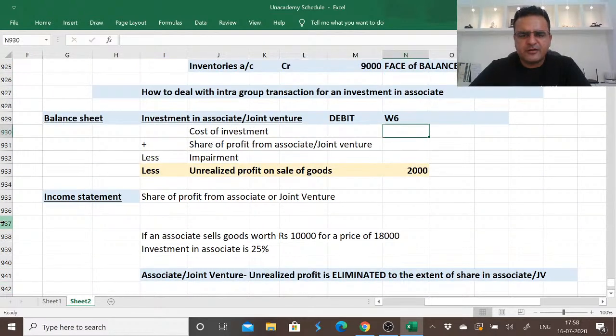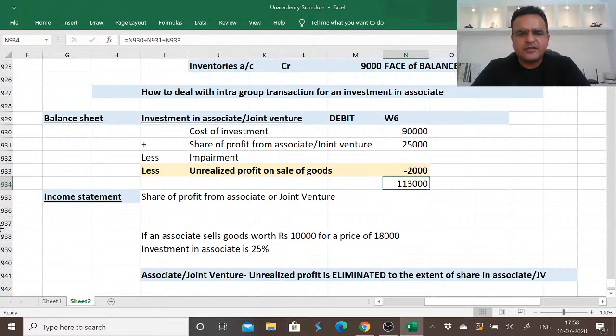Say the cost of investment was 90,000 and share of profit from associate was 25,000, and there is unrealized profit of 2,000. The net balance to be presented in the balance sheet would be 90,000 plus 25,000 minus 2,000.